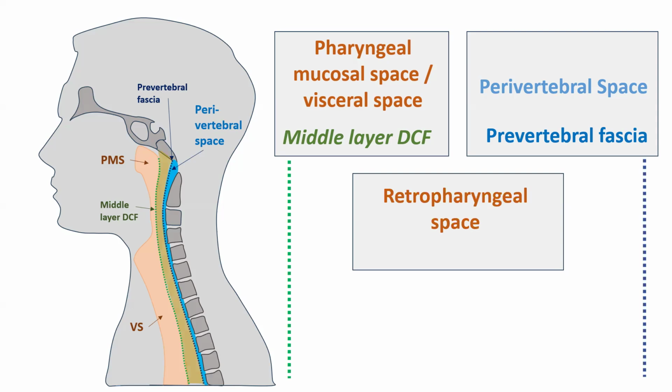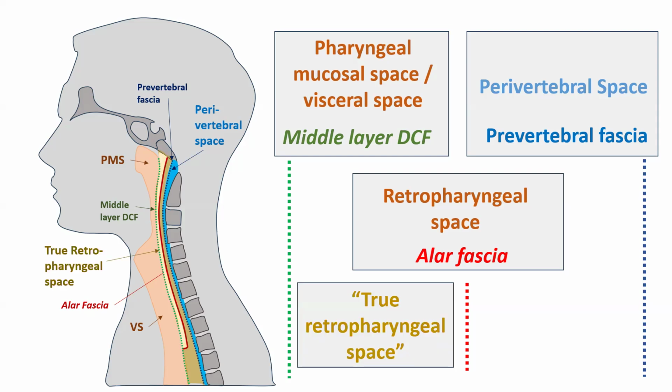As said, it is a virtual space, and despite the fact that it is very, very small when it is normal, it is even further divided into two spaces by the alar fascia. The alar fascia is a component of the deep layer of the deep cervical fascia, located anteriorly of the prevertebral fascia, and it divides the retropharyngeal space into two components.